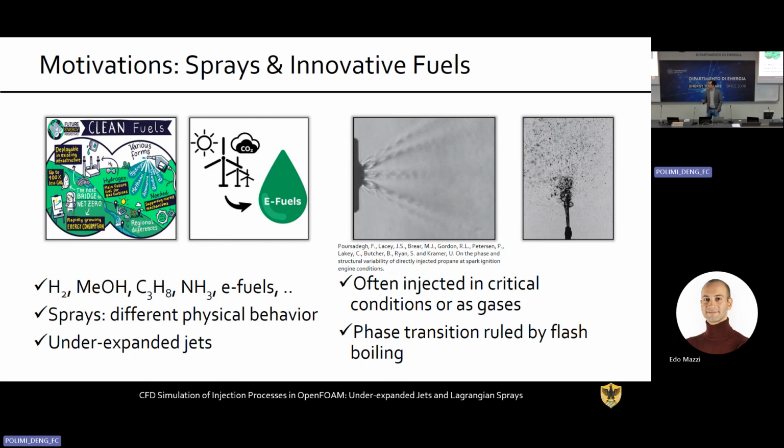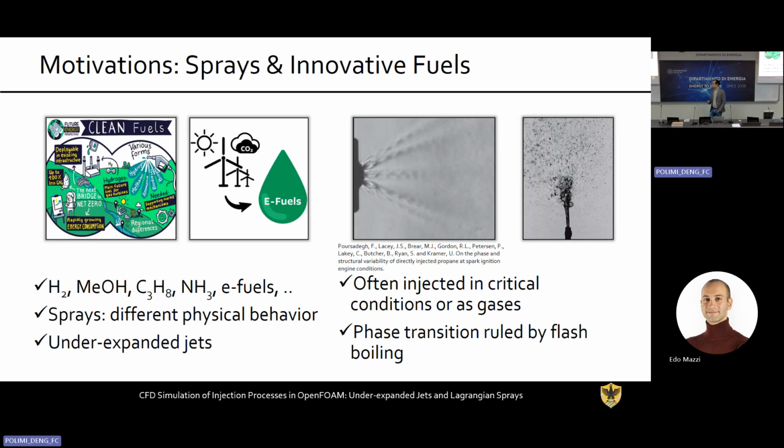So I will talk to you, as mentioned, about spray simulation. And today many of us are working with fuels like hydrogen, methanol, propane, ammonia, new gasoline blends, e-fuels. And all of us face the fact that these sprays show different physical behavior.